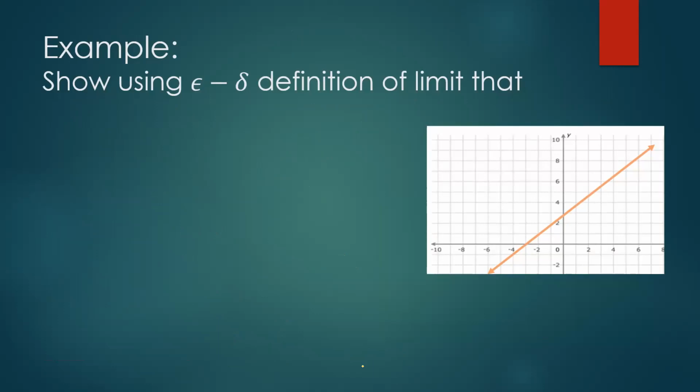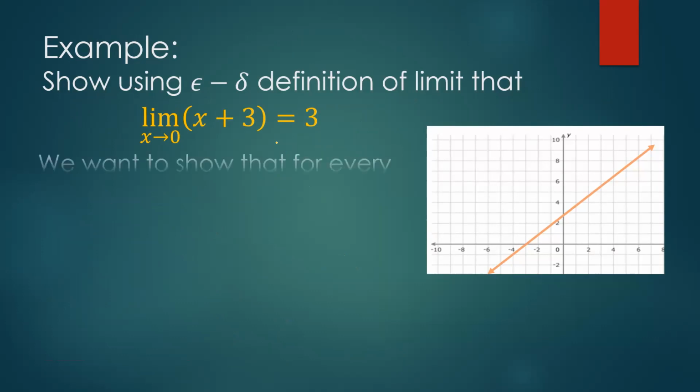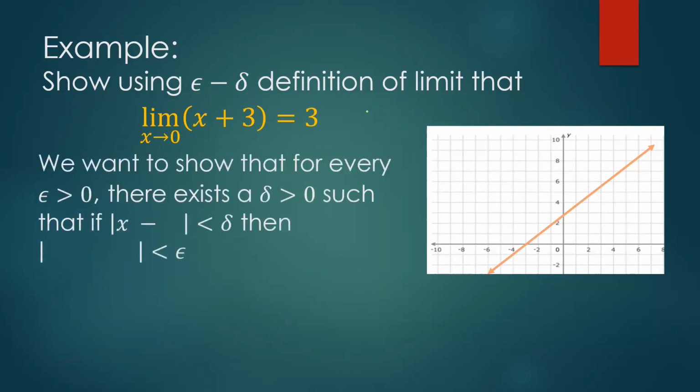Okay, so let's show, using the epsilon-delta definition of the limit, what we showed earlier using the graph. This is it, right? The limit of x plus 3 as x approaches 0 is indeed equal to 3. This was the graph. We want to show that for every epsilon greater than 0, there exists a delta, this format is templated.